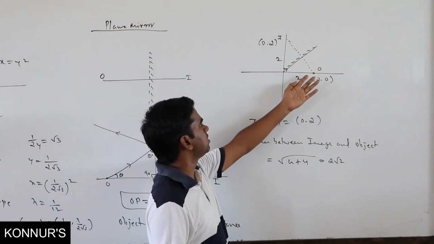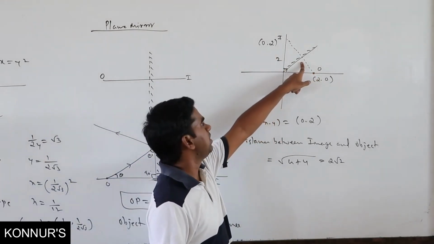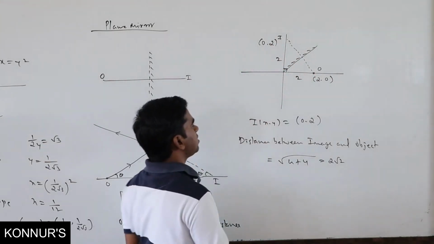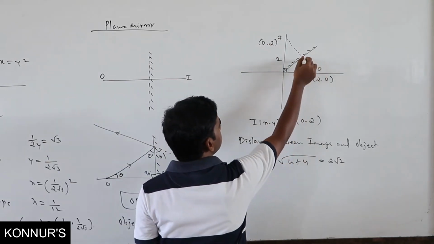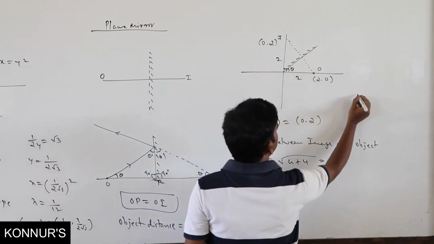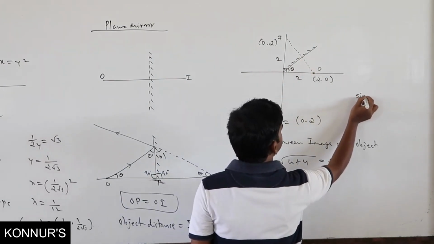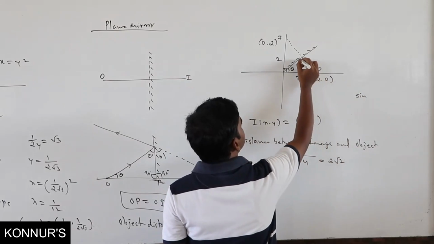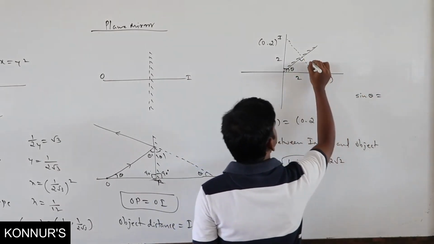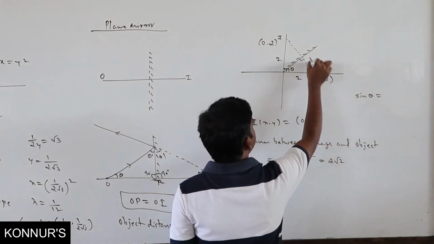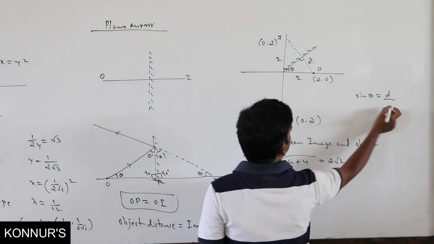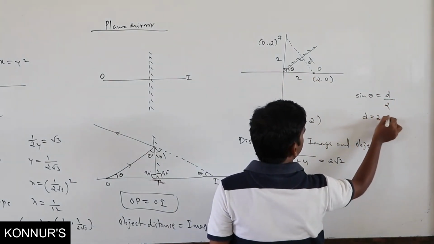They may ask what is the distance of the object from the mirror. They may ask what is the distance of the image from the mirror. If they ask the distance of the object from the mirror, if this is the angle theta, what can you write? If this is going to be 90 degrees, then sine theta equals this distance. If you take it as, say, d, then d divided by this, which is 2, so d equals 2 sine theta.